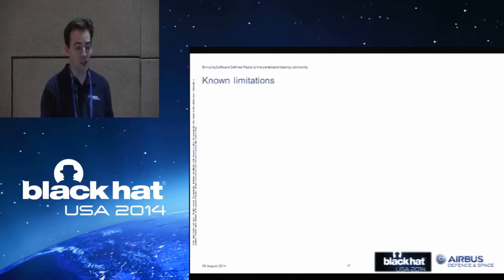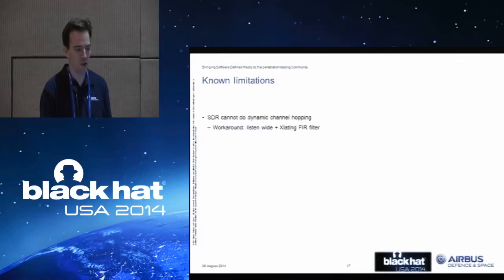There are still known limitations. For example, when you're dealing with dynamic channel hopping, the USRP2 can deal with 56 megahertz bandwidth. BladeRF is limited to 38 megahertz. So if you think about Bluetooth Low Energy, which is 80 megahertz wide, you're running a bit short of bandwidth.